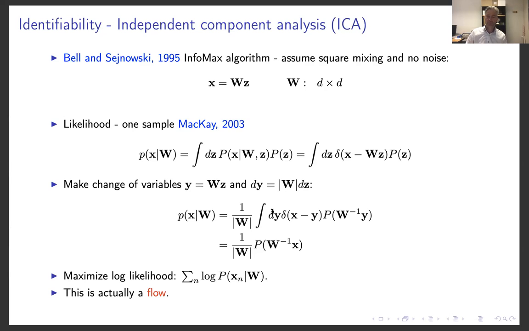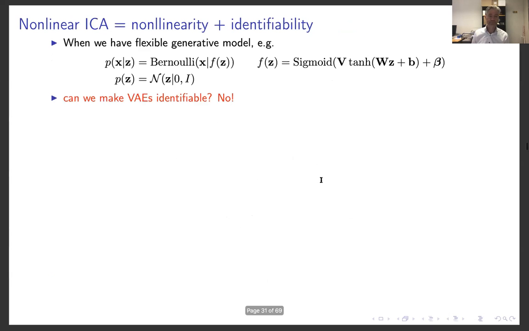What is new in today's flow models is that you can make this mapping non-linear, but you still need to make it invertible, like you can see the property we used here, that we can invert W. So that also requires that W is full rank.